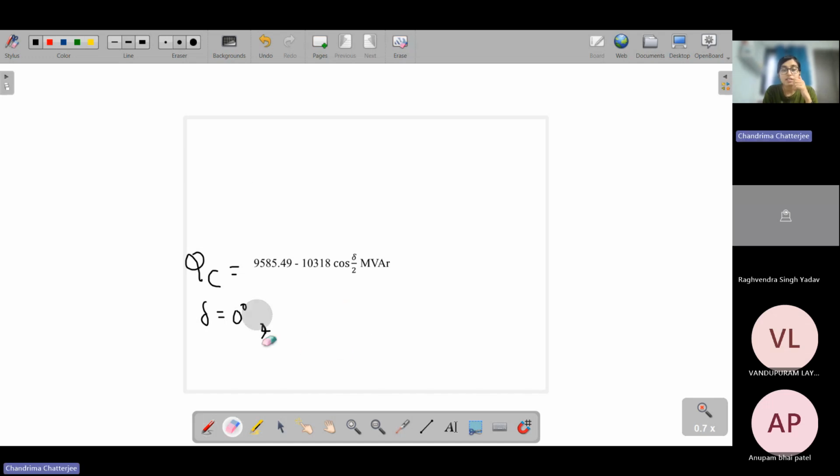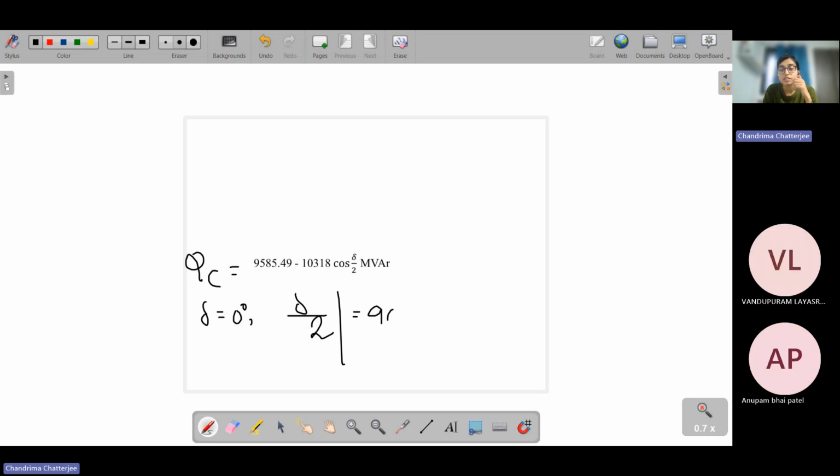And then the other extreme condition would be del by 2 at max condition, that will be 90 degree. Okay, you need to take it as 90 degree. And then you just replace the values of delta and you will get the range of QC.